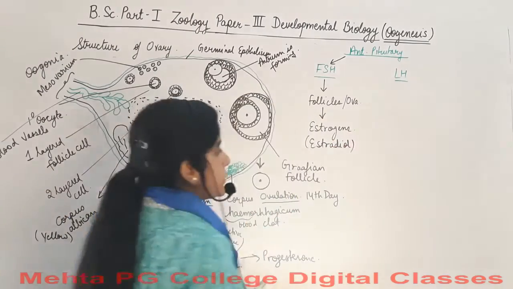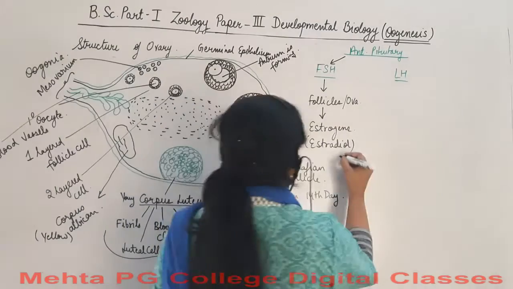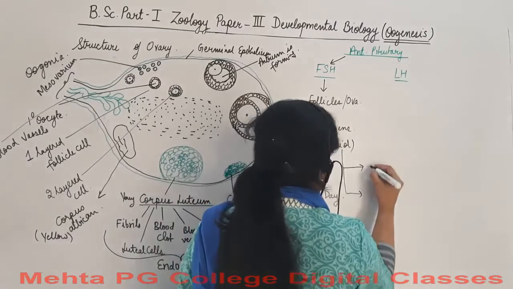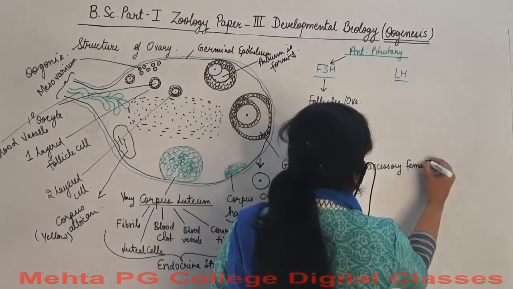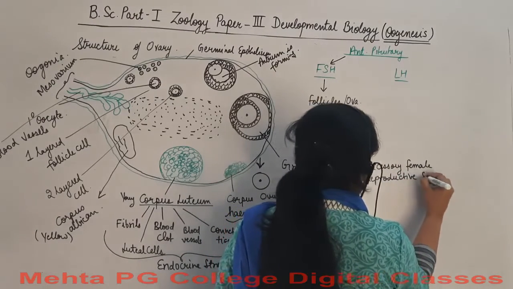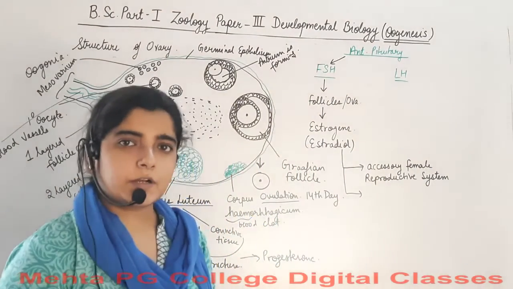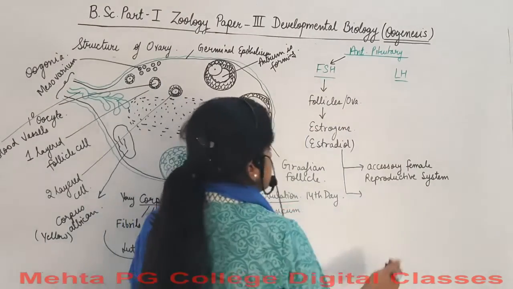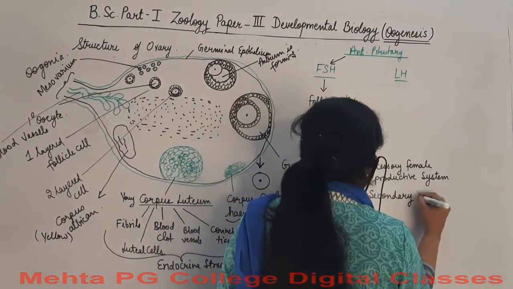So it releases estrogens, and estrogens actually control two things. Firstly, the accessory female reproductive system, which is just controlled by estrogens, and secondly, secondary sexual characters.